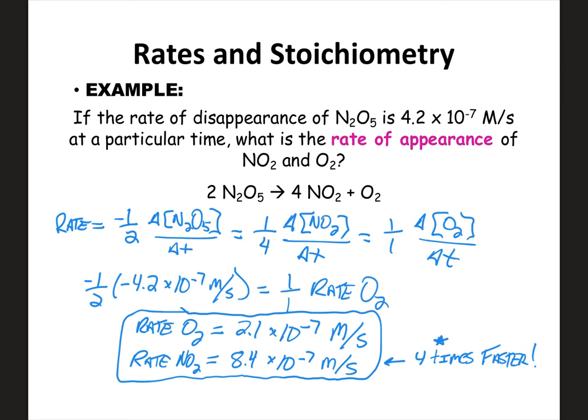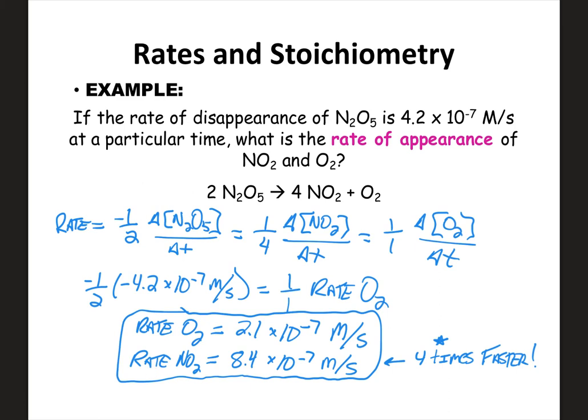And then because I saw that once I know the rate of O2, I know that the rate of NO2 forming is going to be 4 times that value because of the stoich here. So once I found the rate of O2, I just multiplied that by 4 to get the rate of the NO2 because I knew it was going to be 4 times faster.